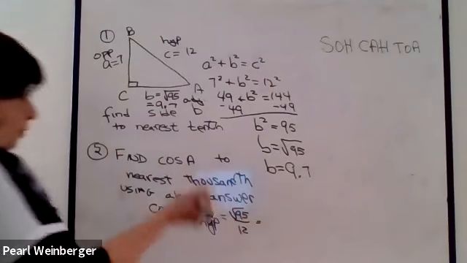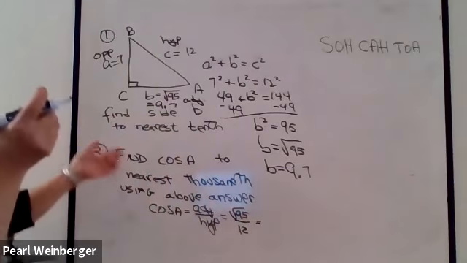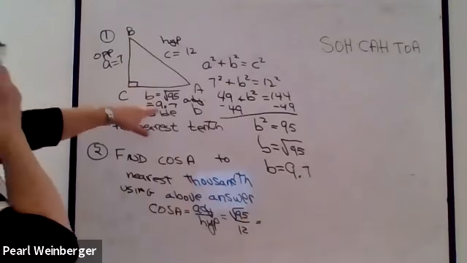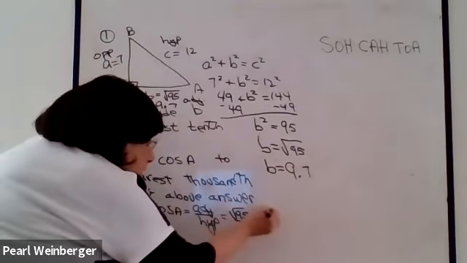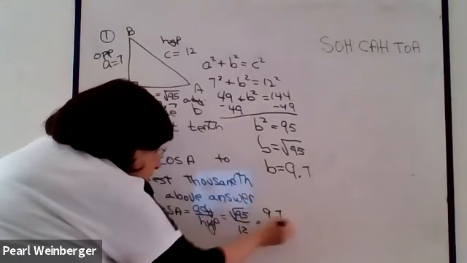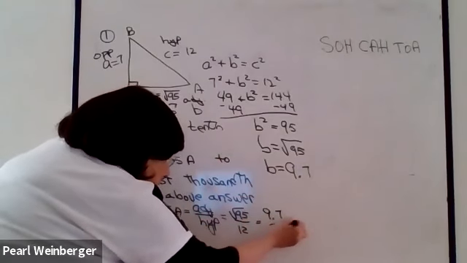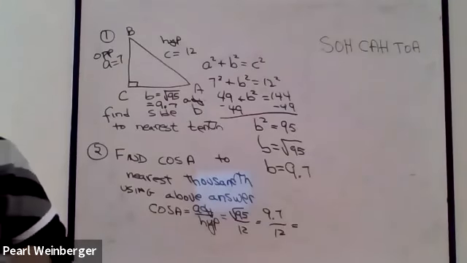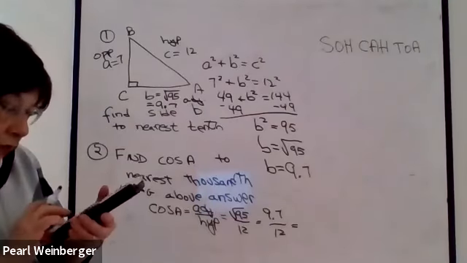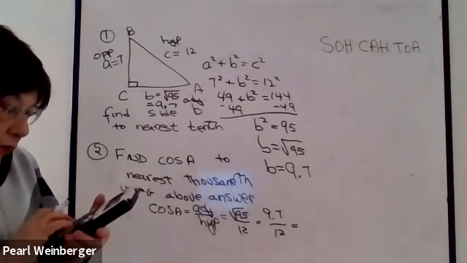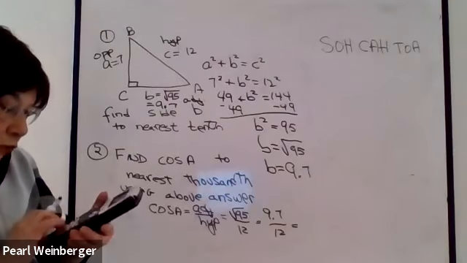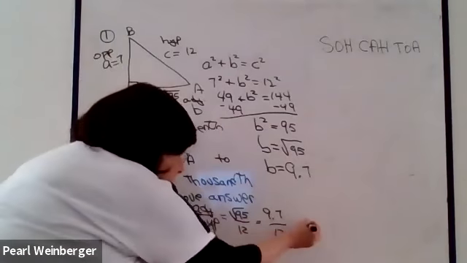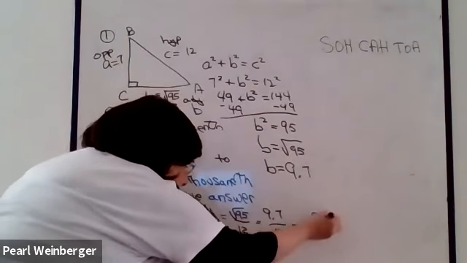Or if we wanted it in decimal form, but I said find it to the nearest thousandth using the answer from before. So we want to do 9.7 divided by 12. And again, I'm going to take out my calculator and use my calculator to do that. So the answer I get is 9.7 divided by 12 is 0.808.